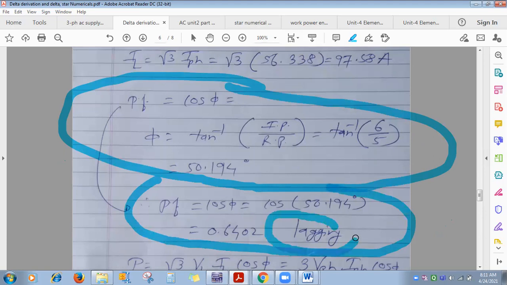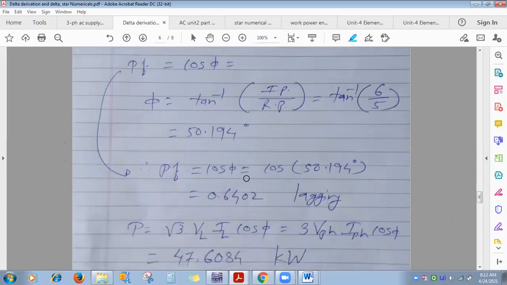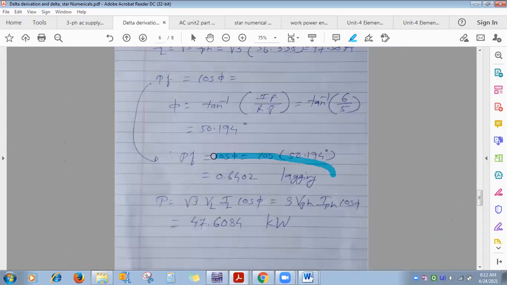So nature of power factor will be lagging or leading? Lagging. Because see in the options, if they ask you to calculate the power factor, you will find two options: 0.6402 lagging and 0.6402 leading, isn't it? Got the thing?